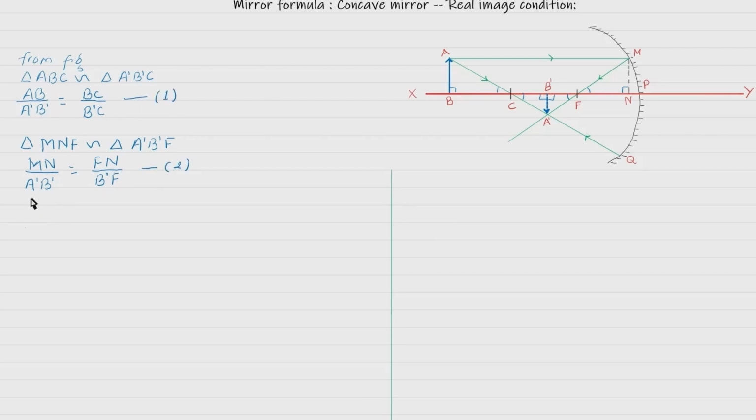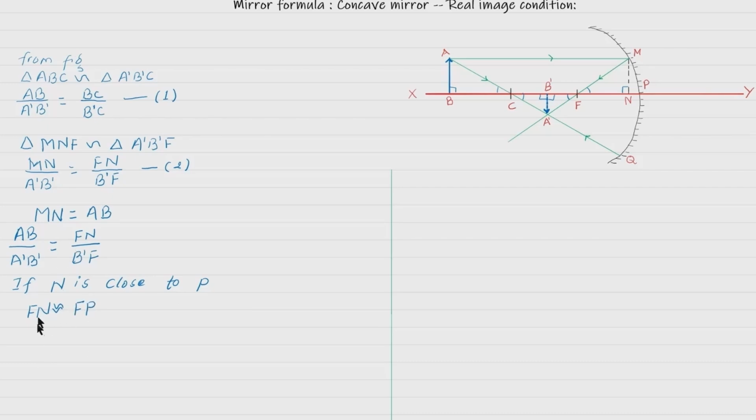In equation 2, we can say that MN is equal to AB. Hence we can substitute AB in terms of MN. So AB by A dash B dash is equal to FN by B dash F. Here, if N is close to P, then FN can also be written as FP.